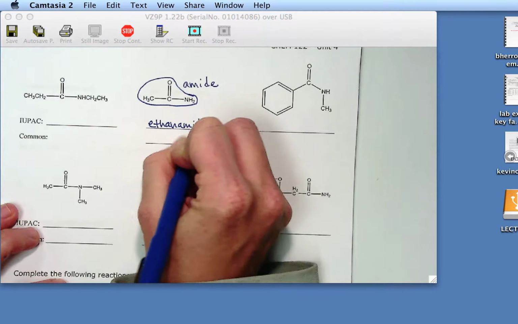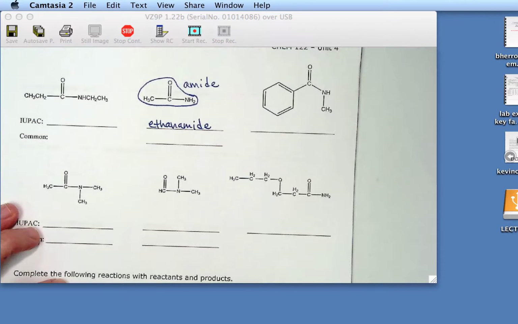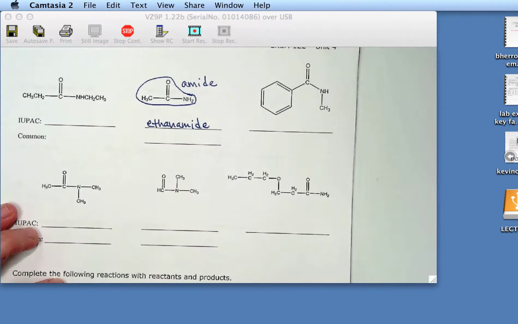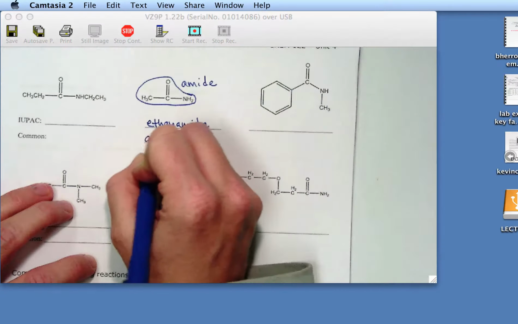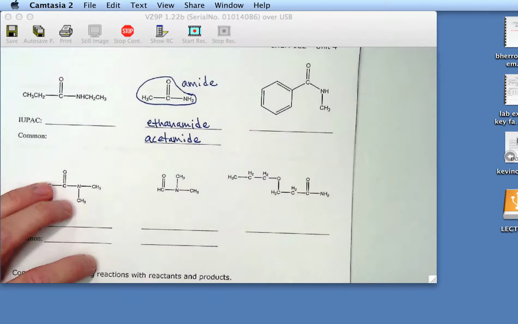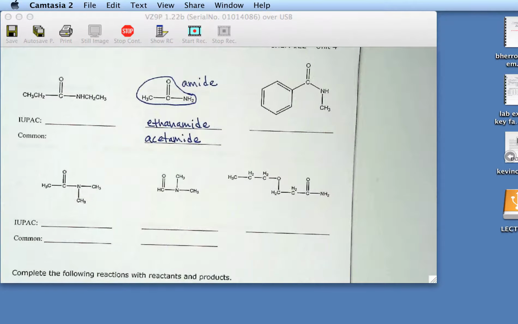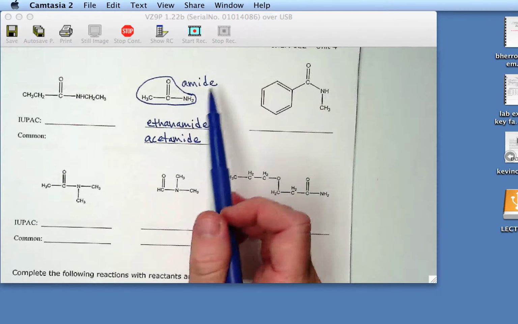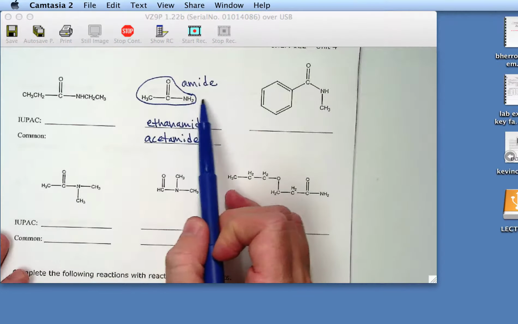So the IUPAC name would just be ethanamide. And then the common name would be, yes, acetamide. Very good. So this would be your simplest amide, right? No substitution.